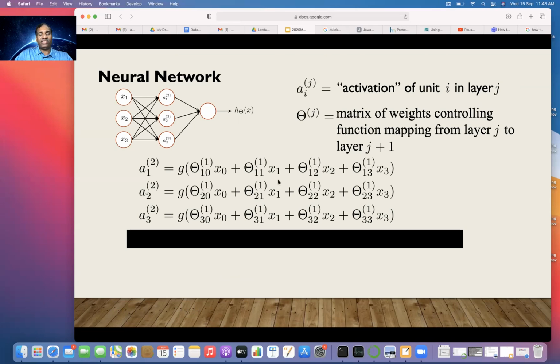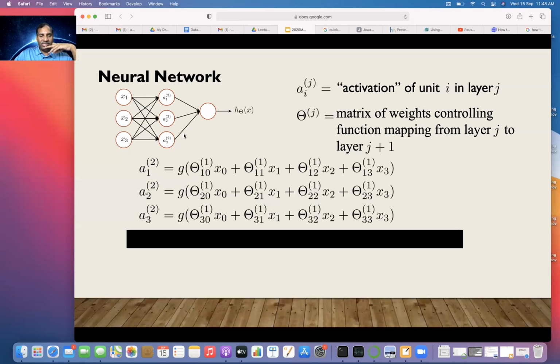Theta 1 0, 1 1, 1 2, 1 3 are the layer 1 weights. Similarly 2 0, 2 1, 2 2, 2 3.